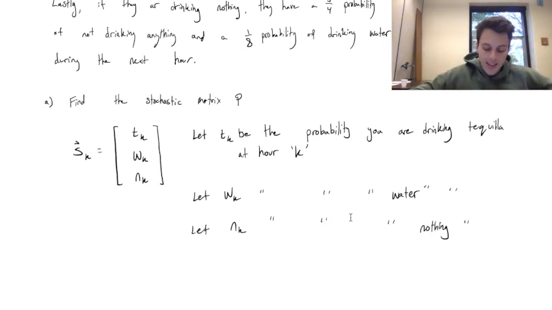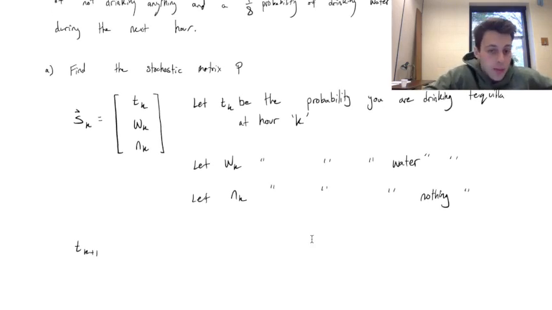So you could imagine that if I said t_{k+1}, this would just be the probability that you are drinking tequila at hour k+1. So one iteration past k, which basically just means the next hour.